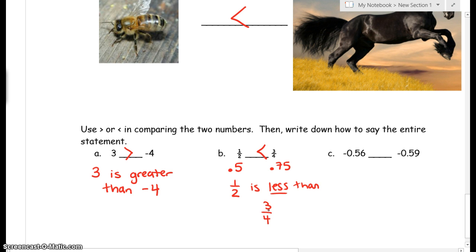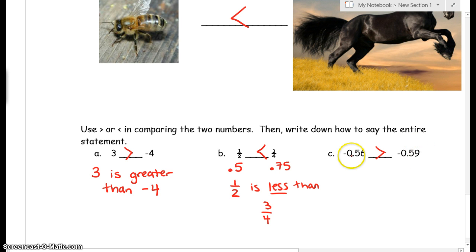All right, we have negative numbers, so be careful here. Remember that the closer you are to 0 on the negative side, the bigger you are. So we know that negative 0.56 is closer, therefore it's greater than negative 0.59.